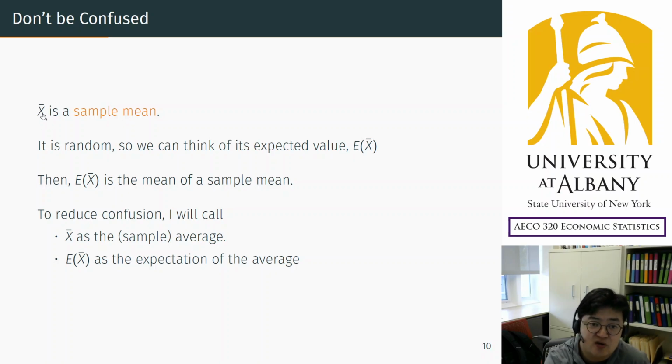To be more exact, we should have said it is a sample mean because it is calculated only from the sample. So I said it is random. That is okay. So when it is random, you can think about its expectation. So I'm going to think about this, which is mean. Expectation is the mean of a sample mean.